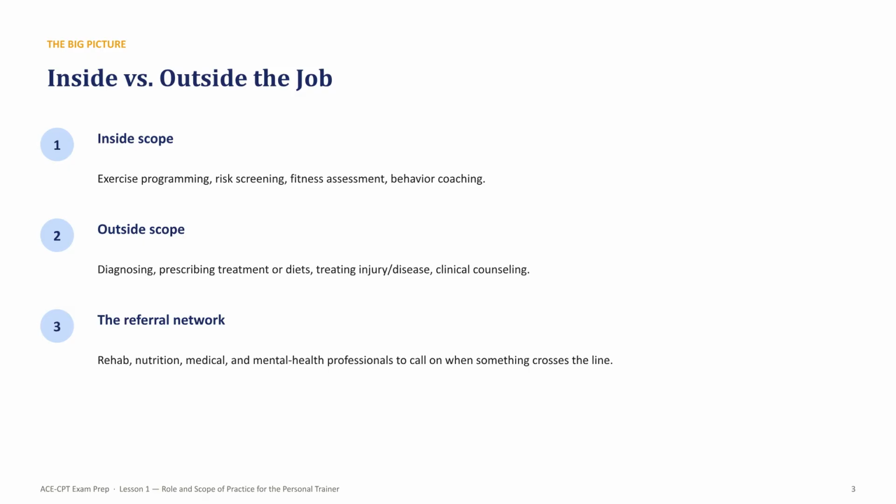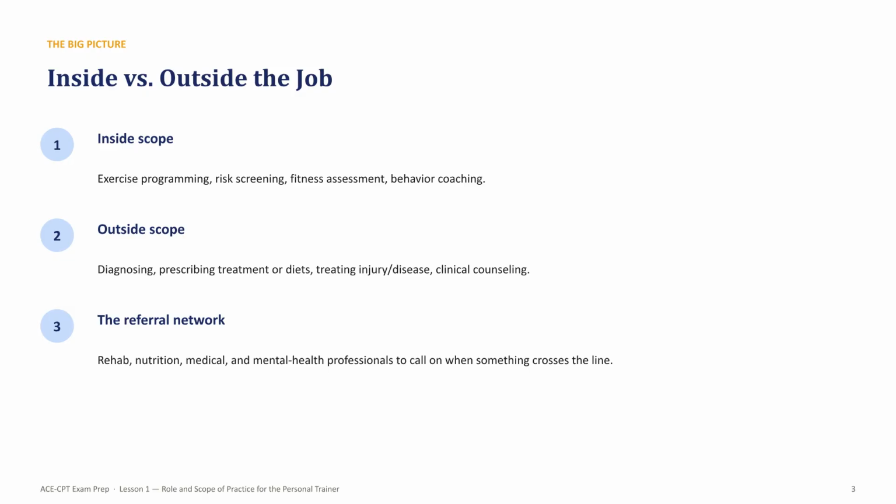So let's zoom out for a second and look at the big picture. There are really 3 pieces to this puzzle. Number 1, inside scope. This covers exercise programming, risk screening, fitness assessment, and behavior coaching. This is your core job. Number 2, outside scope. This includes diagnosing conditions, prescribing treatment or diets, treating injury or disease, and clinical counseling.